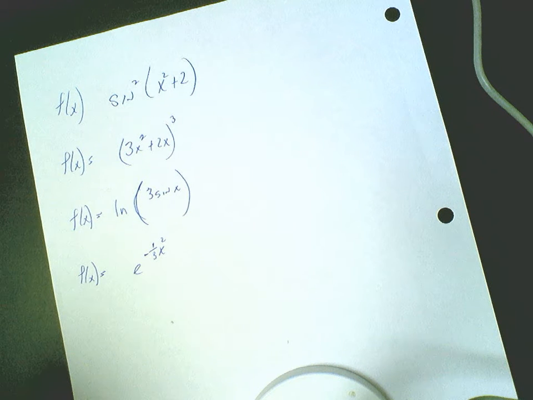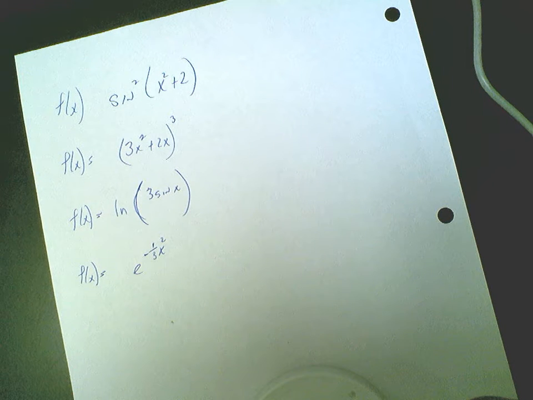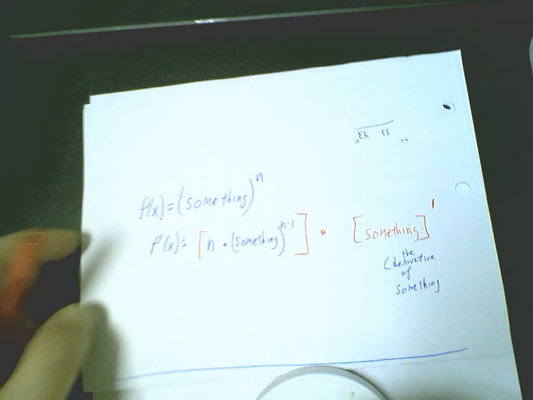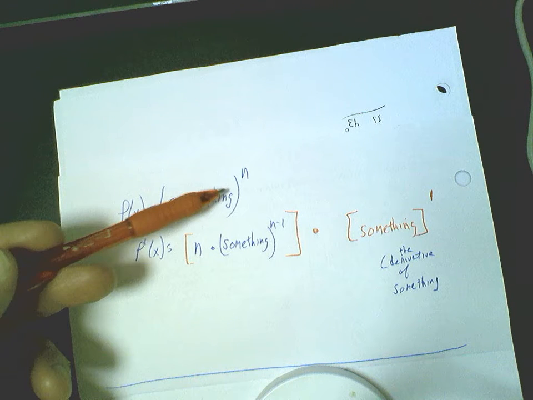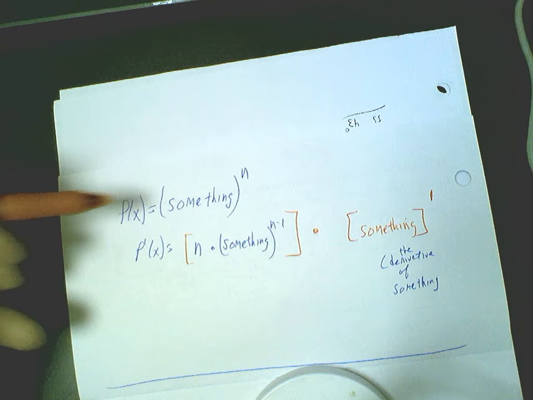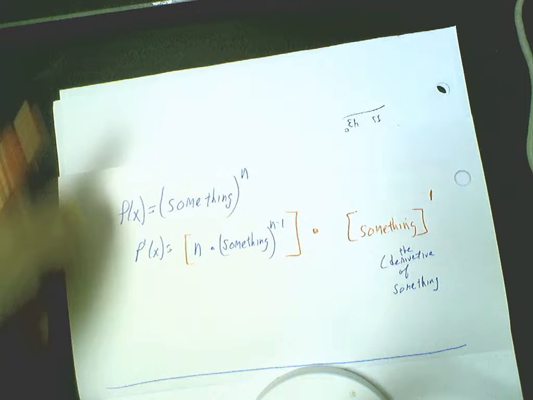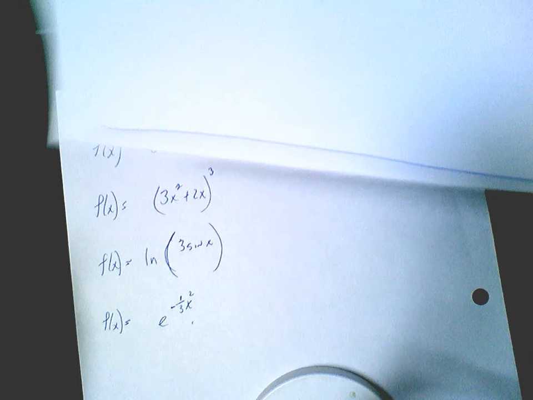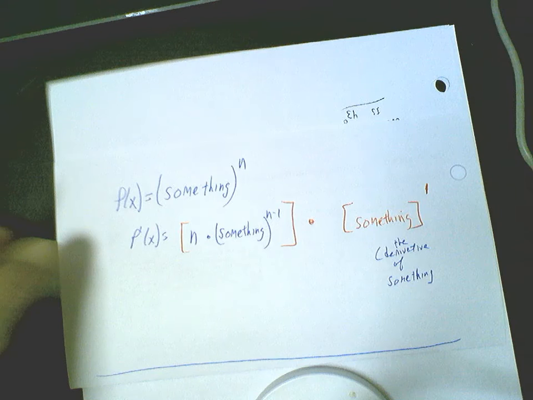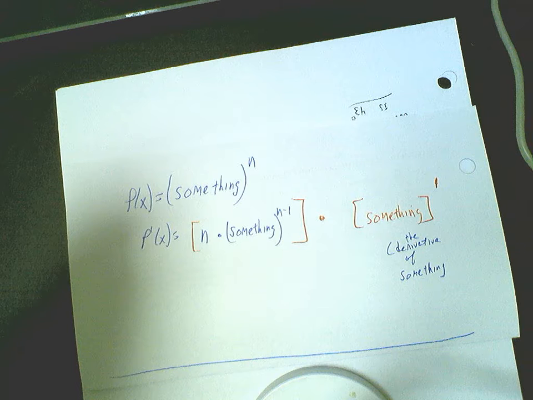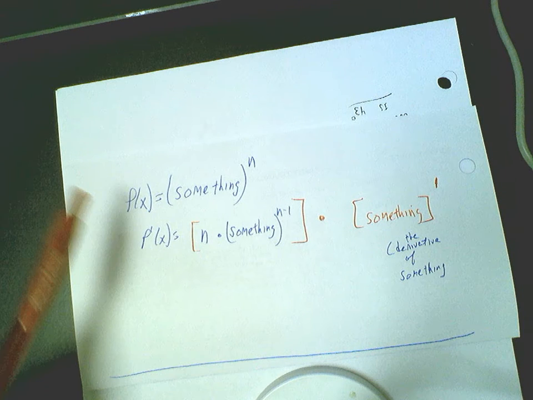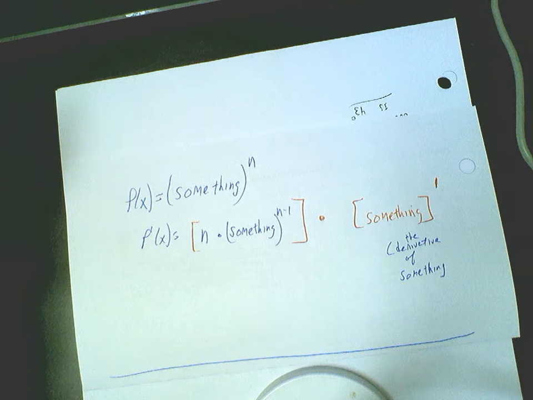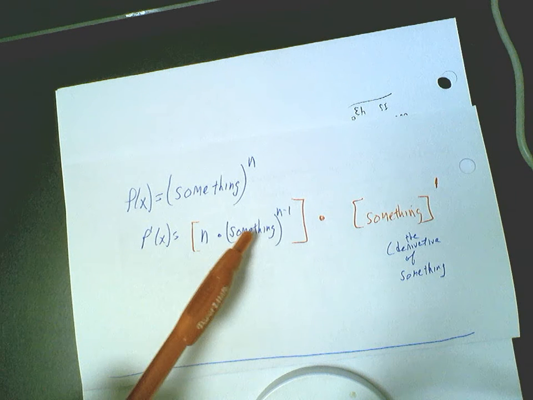And we're going to start with a basic little language rule that I'm going to use for us with the chain rule. Here is f of x following along the lines of the power rule. It could be any of the things that we've seen in parentheses before, but for the moment I'm just going to call it something. And when I take whatever this something is and raise it to the nth power, the derivative of that intuitively is going to be n times something to the n minus 1, which looks just like the power rule.